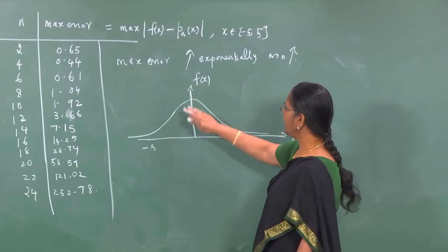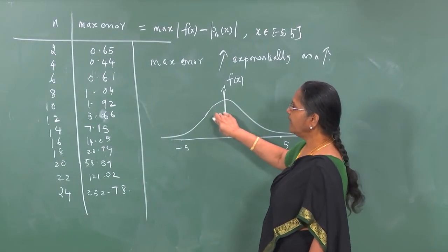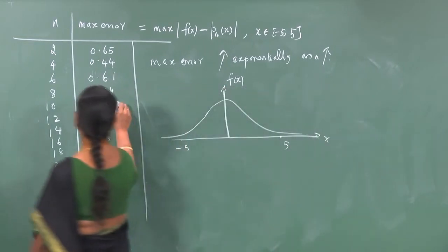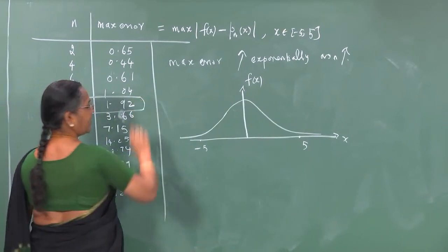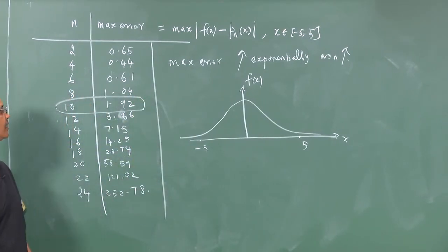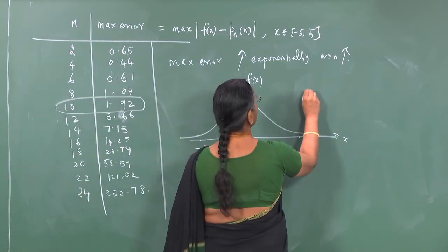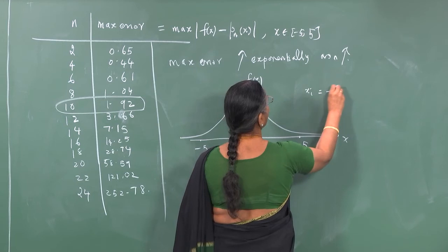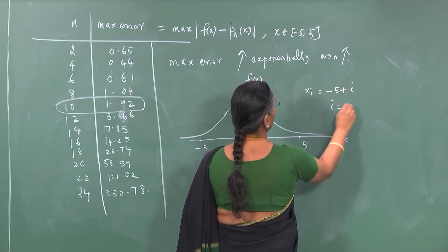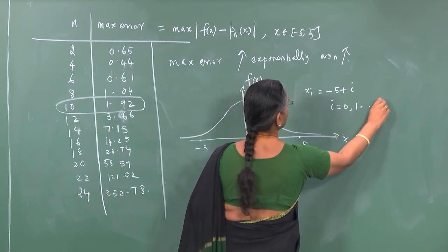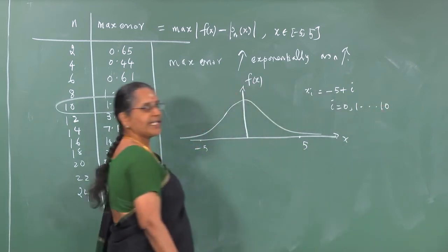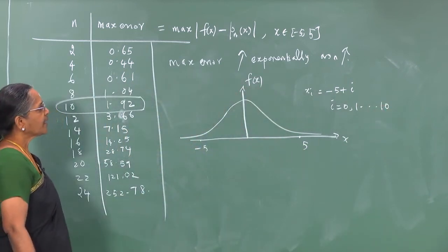When he approximated this function by a polynomial of degree 10, by taking 11 points, x_i equal to -5 plus i for i equal to 0, 1, 2, 3 up to 10, these were the points that he chose.